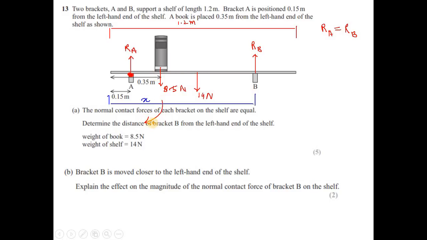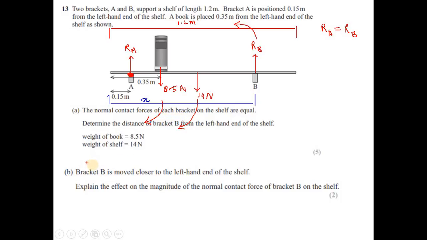So this is a clockwise moment of the book weight, and this is another clockwise moment of the weight of the shelf, and the moment due to contact force RB will be anti-clockwise. So we have two clockwise moments and one anti-clockwise moment, and according to the principle of moments, the sum of clockwise moments must be equal to the anti-clockwise moment.